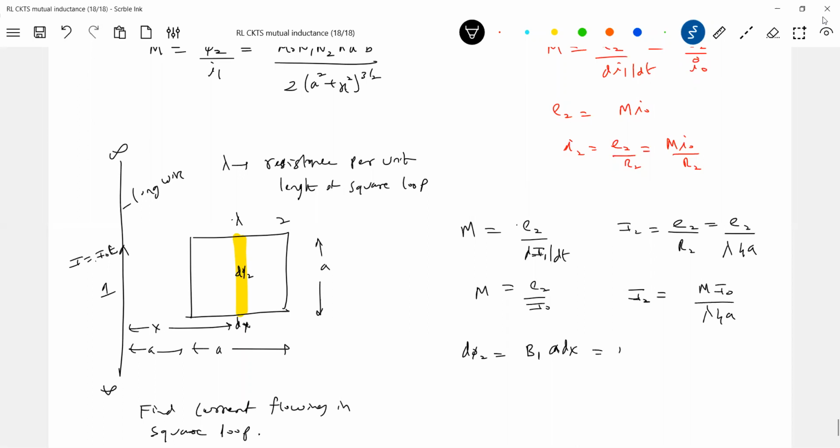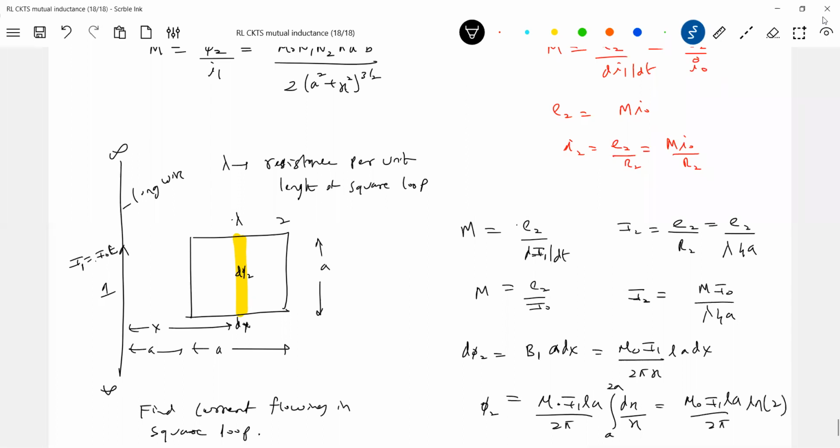What is B1? Mu naught I1 by 2 pi x, into L, A dx. Integrating from A to 2A, this will be mu naught I1 L A by 2 pi log 2.